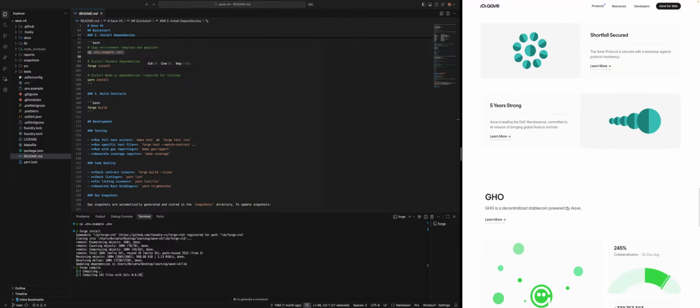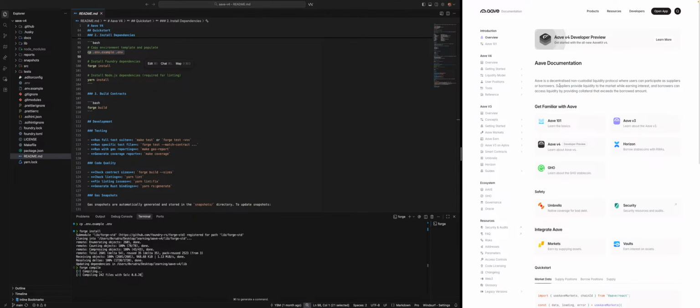So there is GHO, and there's yield on GHO, and there's yield on lending. Easily track, see the security, bug bounty. GHO is a decentralized stablecoin.